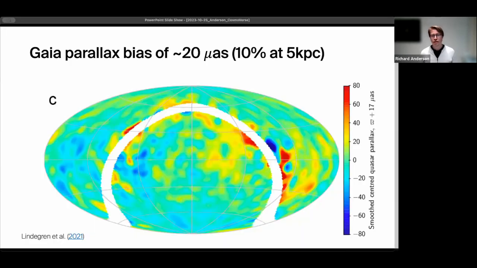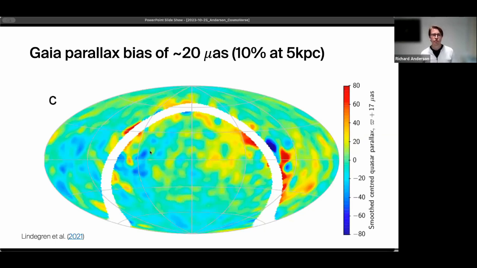But it's also known that Gaia, on a global scale, has systematics. Here you see the on-sky projection of Gaia, the Milky Way plane is whitened out here, and this map is based on quasar parallaxes. Quasars, of course, being extragalactic objects, should not exhibit any parallax. But if you look at the mean of this, as published in Gaia DR3, you have an offset of about 17 microarcseconds.